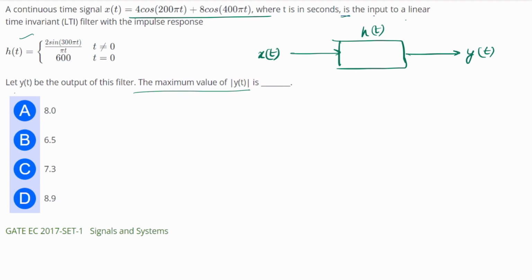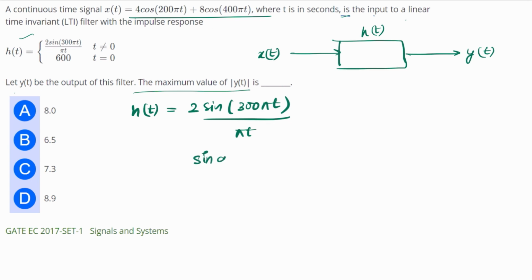Now we see ht here. Ht is 2 sine 300 pi t divided by pi t. It is a sinc waveform. If we want to convert sinc into its frequency domain, it is nothing but a rectangular waveform which we have already seen.